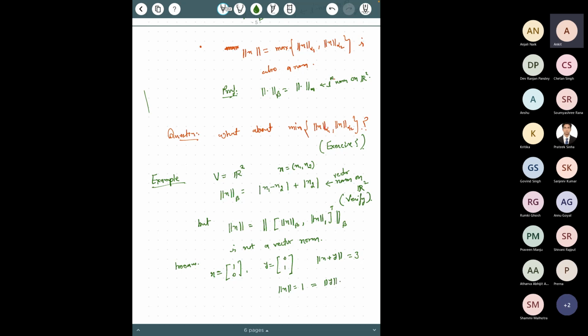So clearly the function value of x plus y is greater than the sum of the function values of x and y, and therefore it does not satisfy the triangle inequality. So the triangle inequality is not satisfied here, and therefore this is not a norm. So this function does not define a norm on R2. And the reason why it does not define a norm is that this norm does not satisfy that monotonicity. Okay, this you can verify.